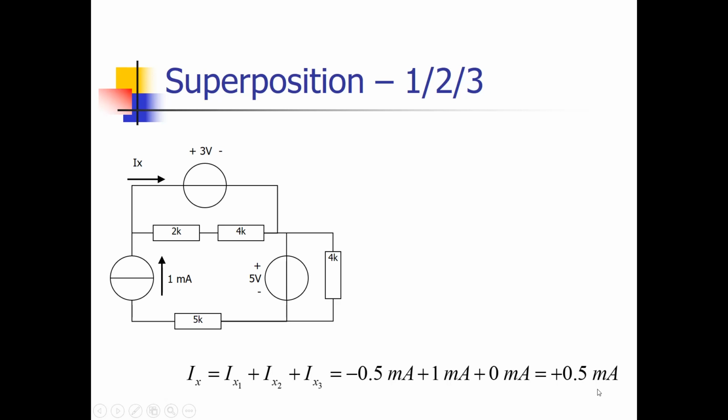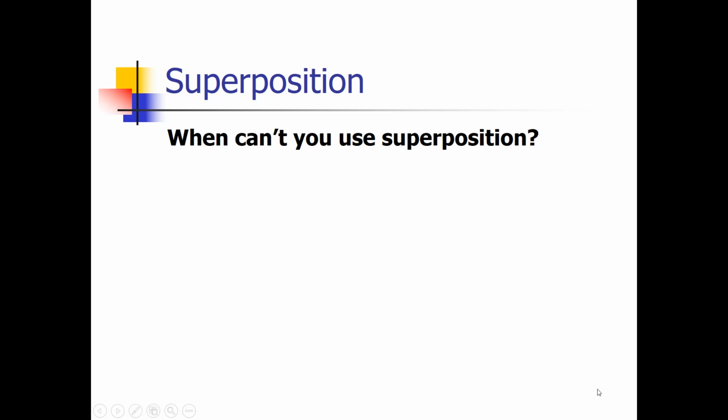But in some cases, you can't apply superposition. So when can't you use superposition? Well, that is in the case that resistors, capacitors or inductors which you use in your circuit are not constant values, if they change over time, for instance due to heating.